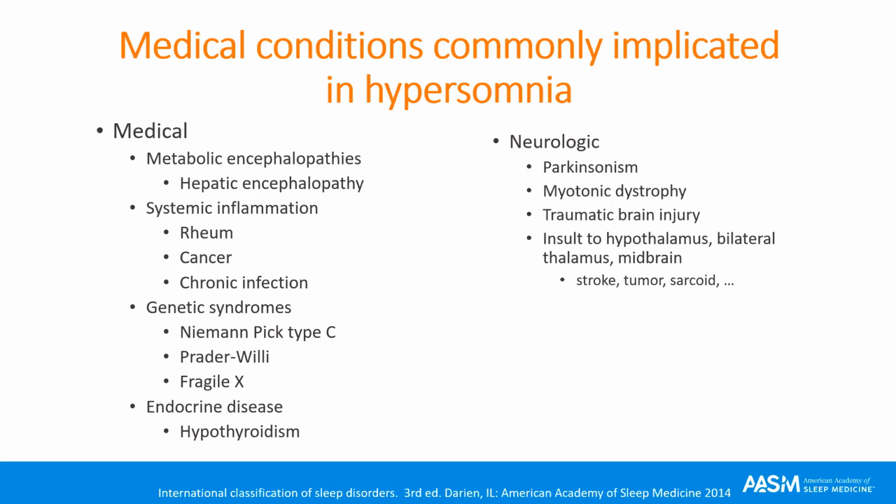Anything that affects the hypothalamus, bilateral thalami, or midbrain, from really any kind of pathology, because those areas are so fundamental to the regulation of sleep and wake, can result in hypersomnia. But there's also a slew of medical conditions that can do it. Hepatic encephalopathy, inflammation is very sedating, lots of genetic syndromes carry sleepiness with them, and then probably multiple endocrine diseases, but the one that is the best characterized is hypothyroidism.